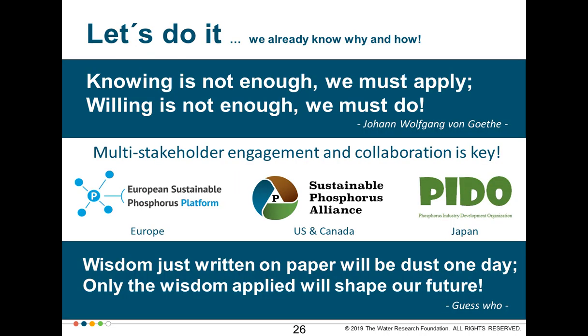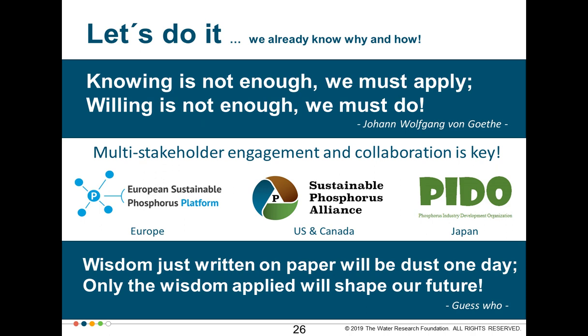And with that, so I started with the famous German, and I will also finish with the famous German. But let me stress also the importance. In the end, we know why phosphorus recovery is necessary and how it can be done. So why don't we do it? To really get into the implementation stage and replication stage, multi-stakeholder engagement and collaboration is key.